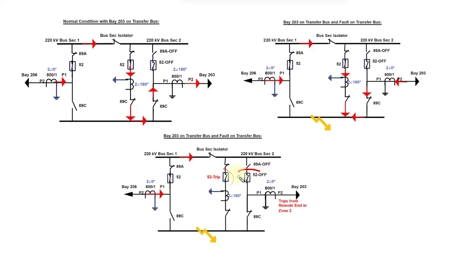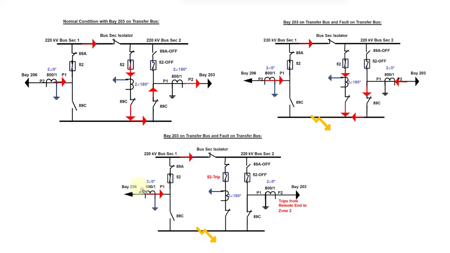The own breaker of the bay that is being transferred on the TBC is already open. So only the trip relay of the transfer bus coupler will operate. The bus trip should not operate.